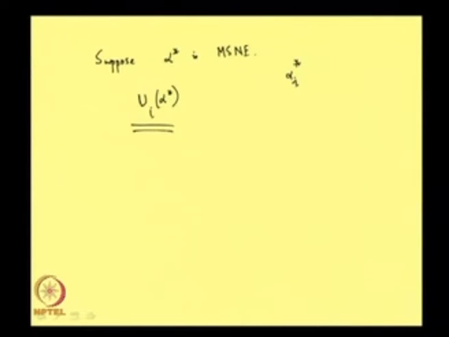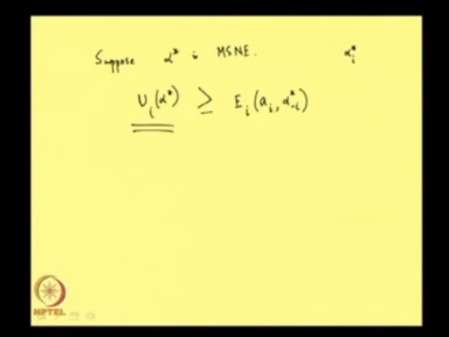Now, which means that this is going to be greater than or equal to this. I can write, because AI is a pure strategy of player I, which can be played by player I, but if that action is played by player I, the expected payoff to player I cannot be more than what he is getting by playing alpha I star.